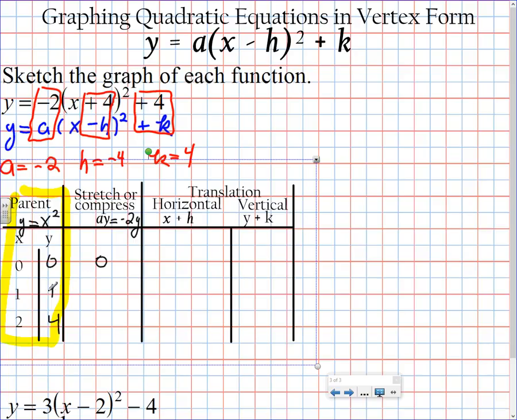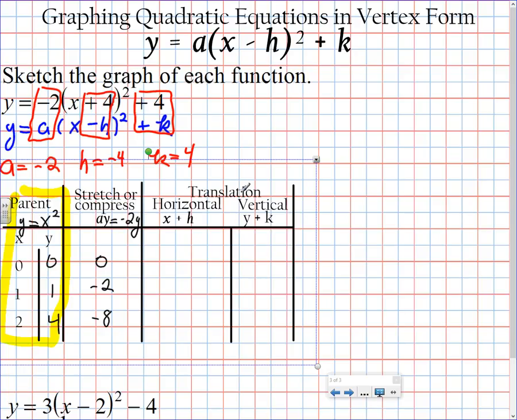If y is 1, 1 times -2 will give you -2. Now the y value is 4. 4 times -2 will give you -8. Okay, so that is a stretch. I stretch it by a factor of -2.